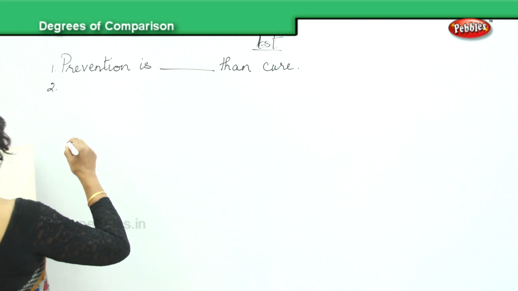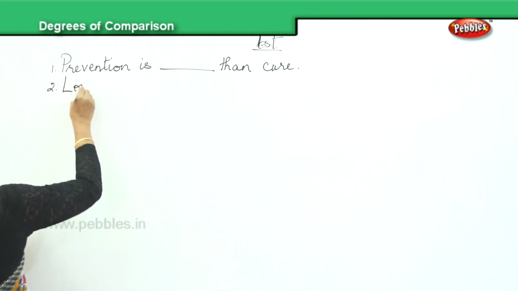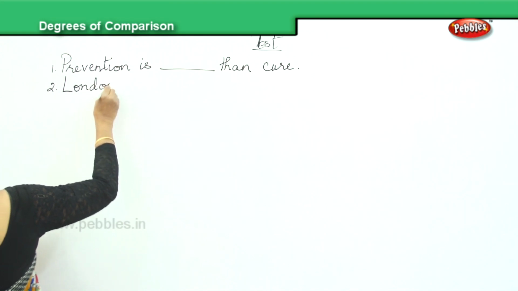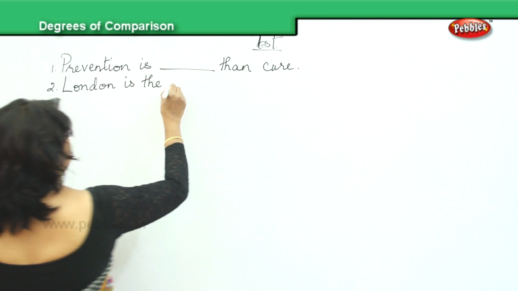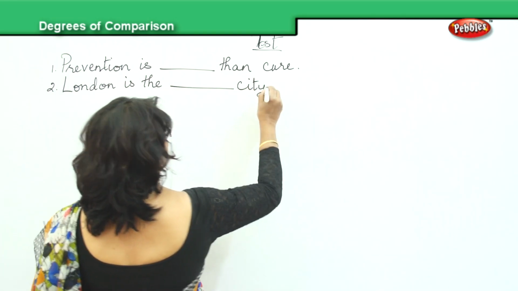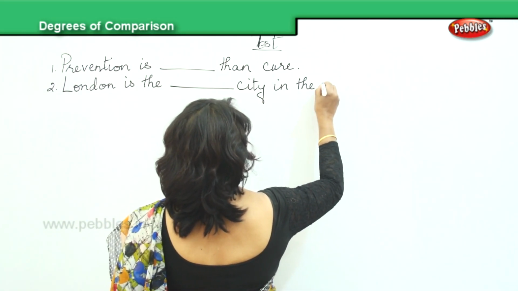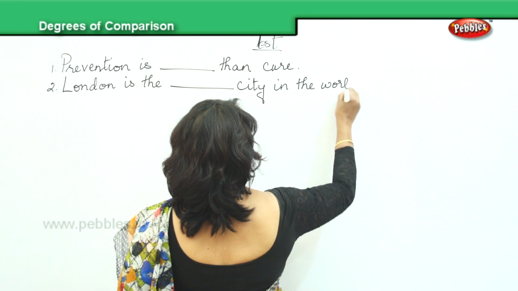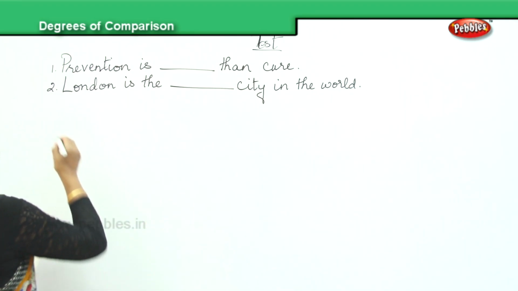Next one. London is the dash city in the world. London is a dash city in the world.